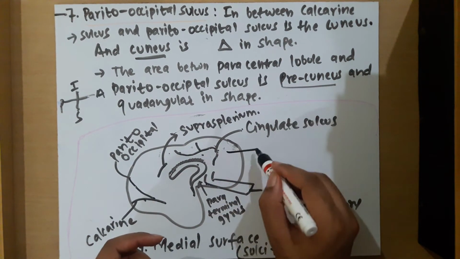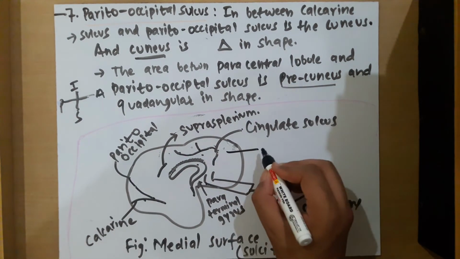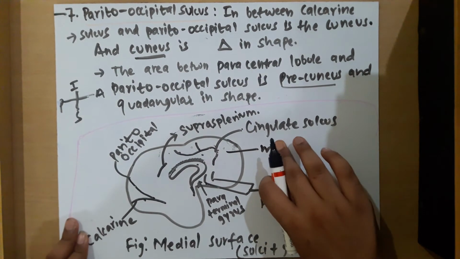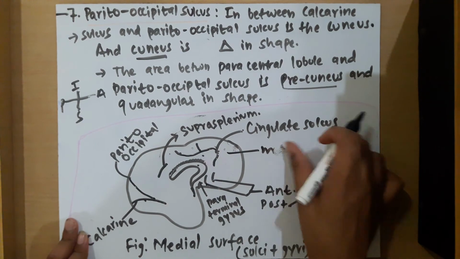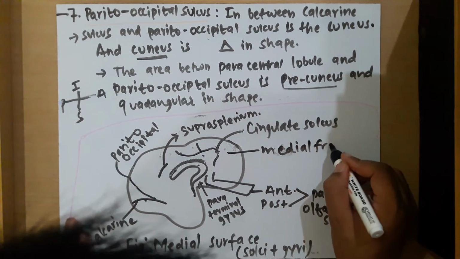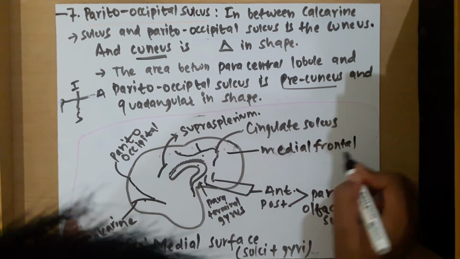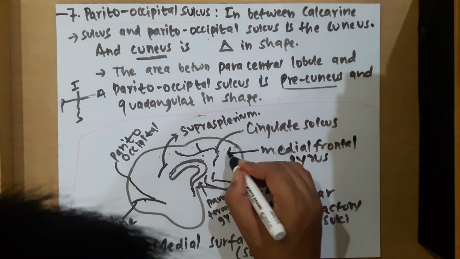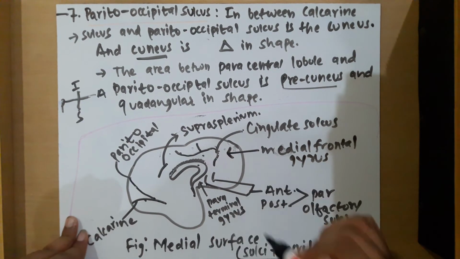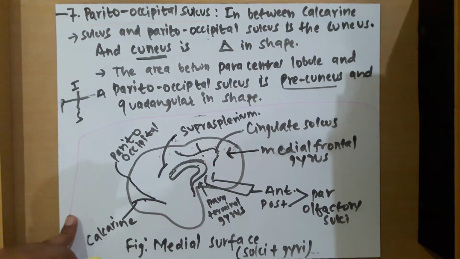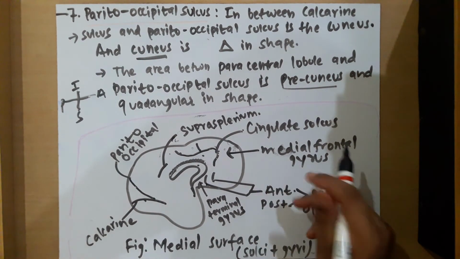This one is the medial frontal gyrus. Okay, so I have made an arrow for the indication of the gyrus, so that you don't get confused which one is sulcus, which one is gyrus. So this is the medial frontal gyrus.